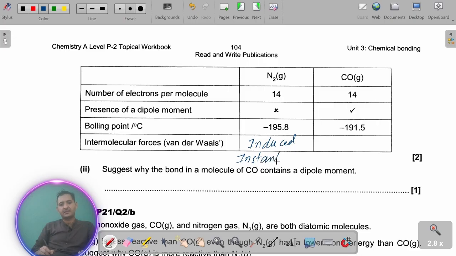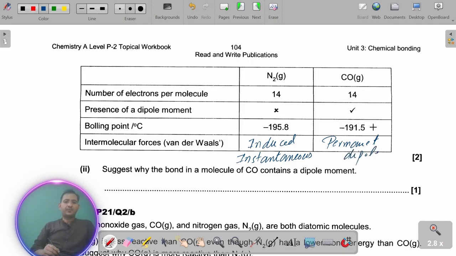Instantaneous dipole. And here we have CO, because we already know there's an electronegativity difference, and they have a permanent dipole.